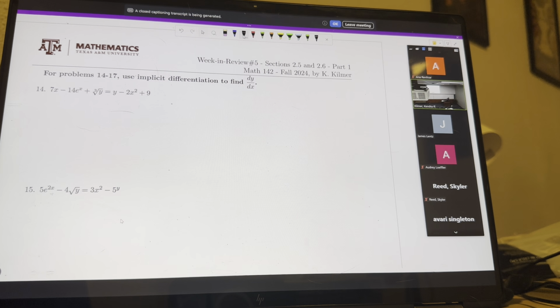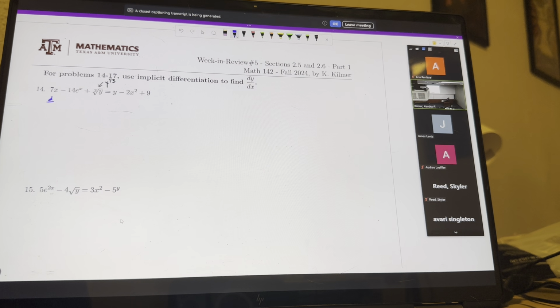One thing we need to do here is remember that we want to rewrite radicals as power functions. So the cube root of y would be y to the 1/3. The first step of implicit differentiation is to take the derivative with respect to x of both sides.